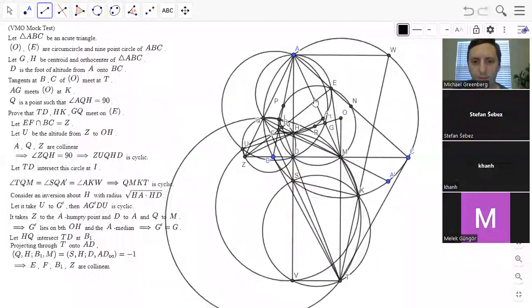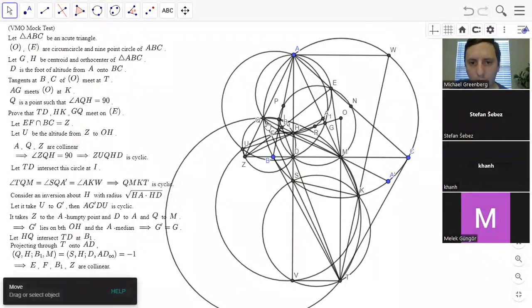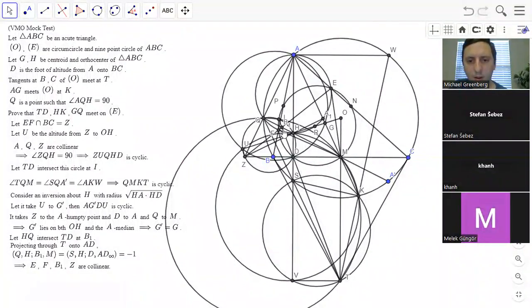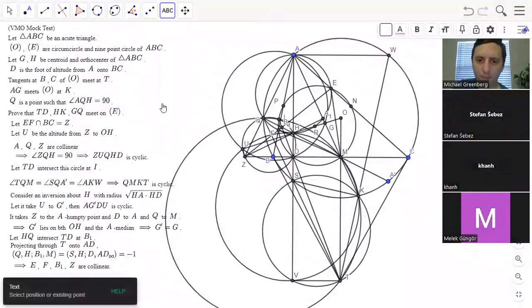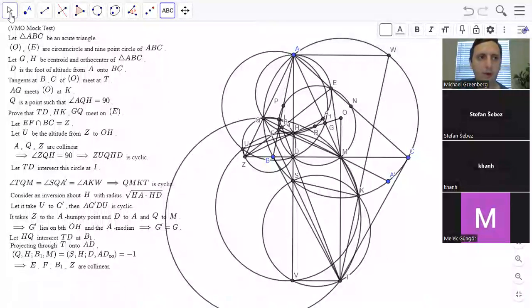So I think it's right, because if we know they're collinear, then B1I times B1D is B1F times B1E, which is B1H times B1Q. So that's basically the same idea, right? Because it's like the reverse of the radical axis theorem.